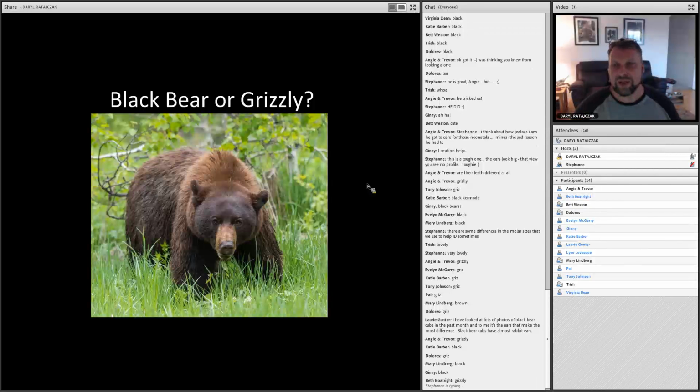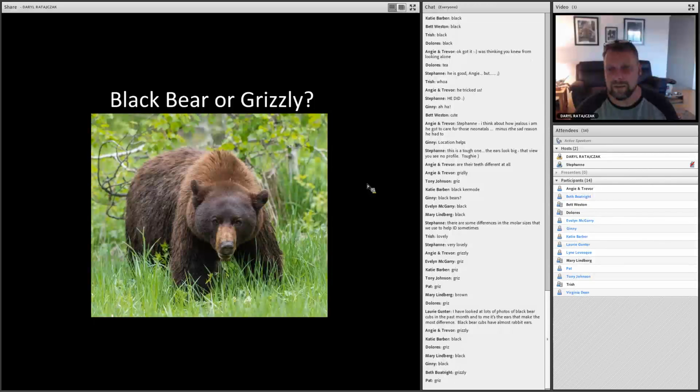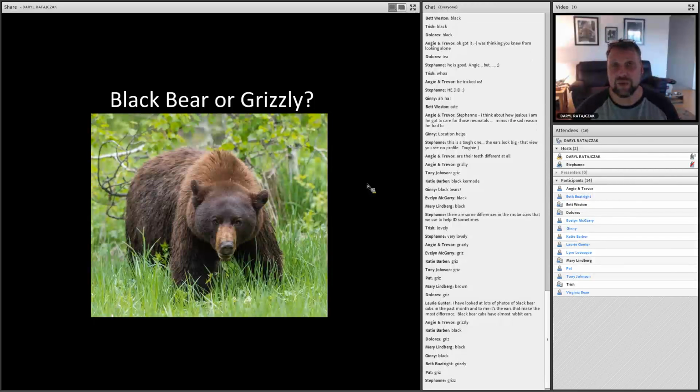What I loved about this picture, and I contacted the gentleman who took it, is that I guessed right away that it was a black bear. And a lot of people were saying it was a grizzly.